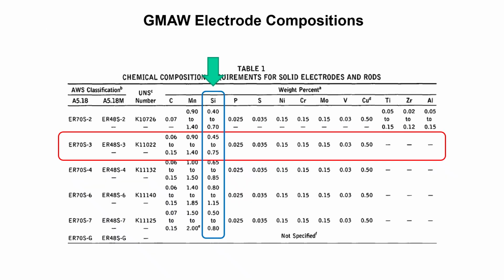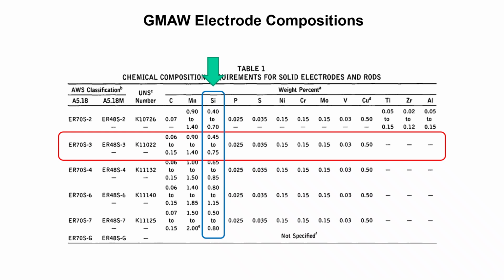So here would be your chemistries. Within the specification, like ASME Section 2 Part C, for each filler material there would be a little table like this that tells you the chemistry for that particular filler material. On this one, what I've got highlighted in the column is the silicon content for that particular filler material.